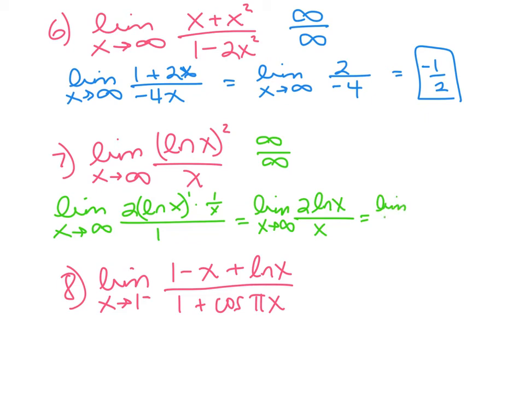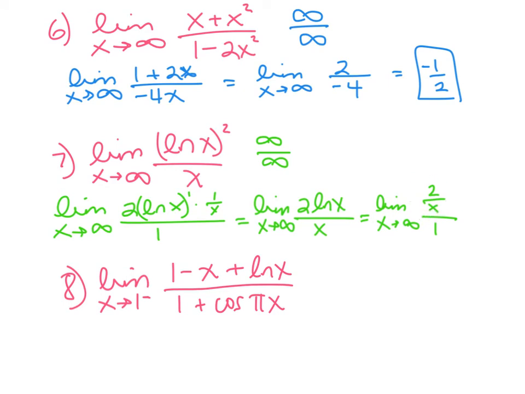Limit as x is approaching infinity of 2, the derivative of 2 natural log x would be 2 over x, or 2 times 1 over x, over 1. Now I'm ready to plug in the infinity. We have to understand the concept that when you plug in infinity in the numerator here, you're plugging it in as 2 over infinity.